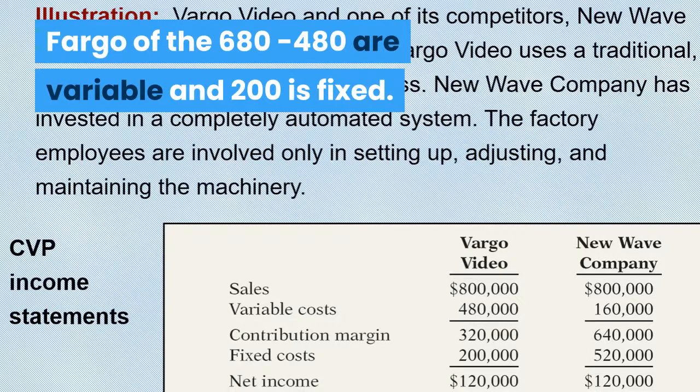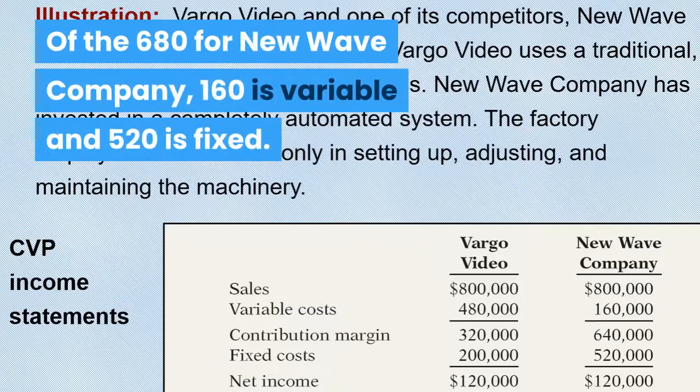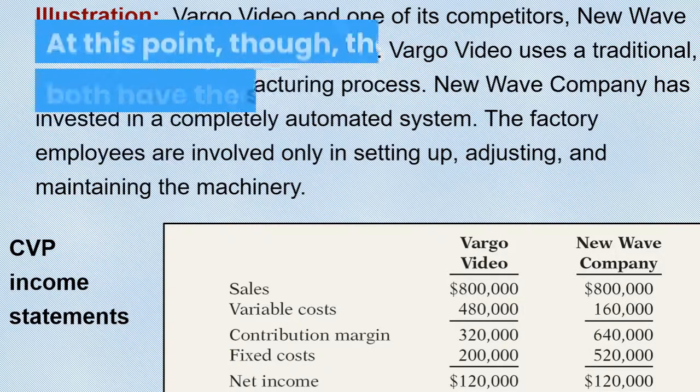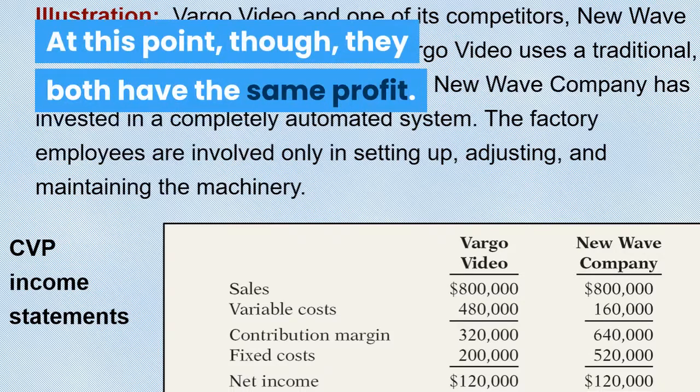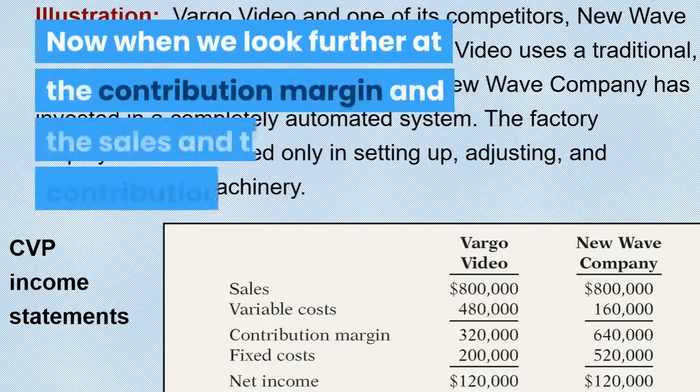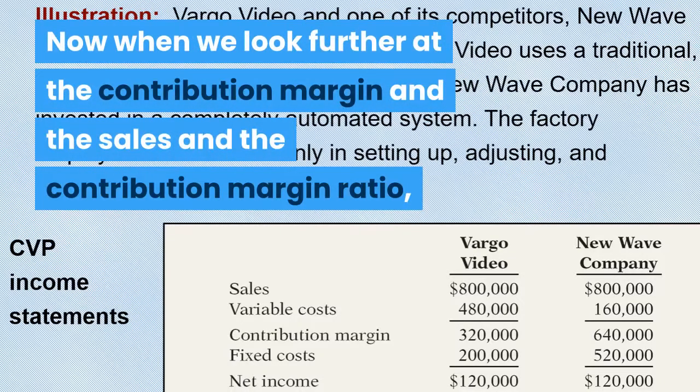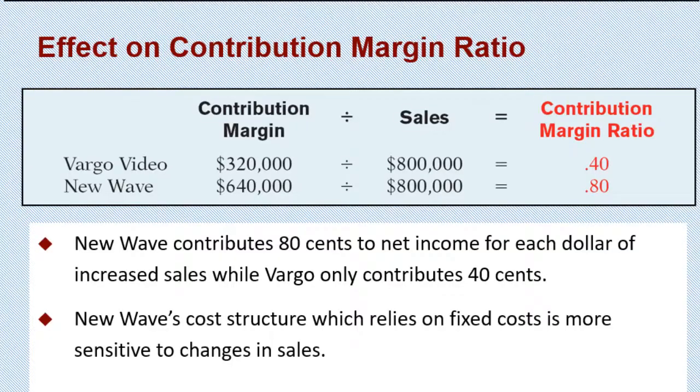NewWave has 680 in expenses, and they have 120. But now look at the makeup of those expenses. Vargo, of the 680, 480 are variable, and 200 is fixed. Of the 680 for NewWave Company, 160 is variable and 520 is fixed. At this point, though, they both have the same profit.